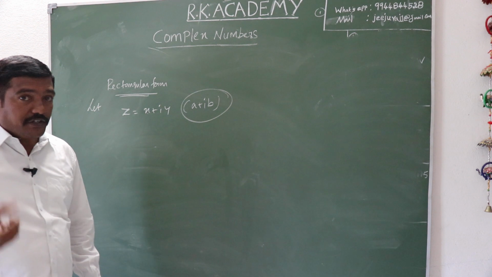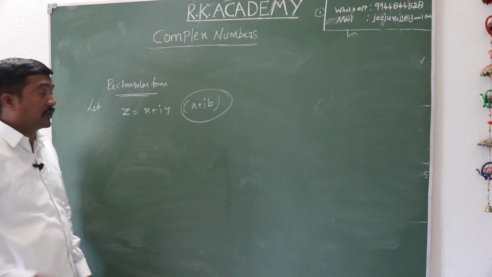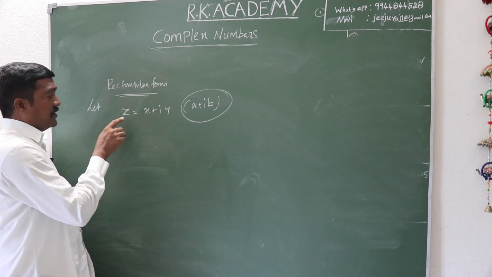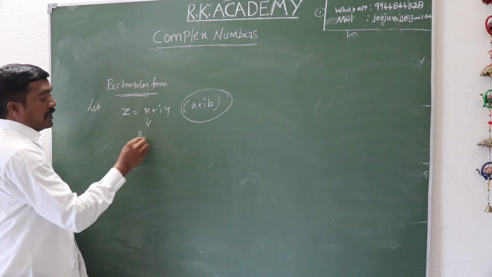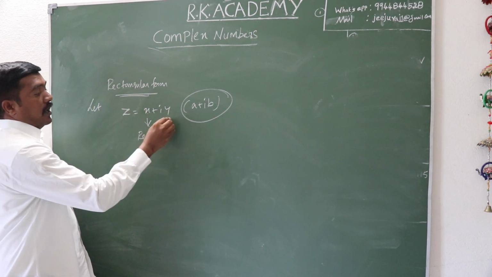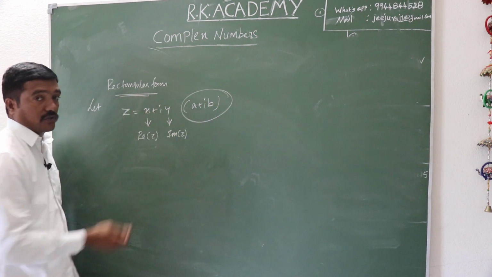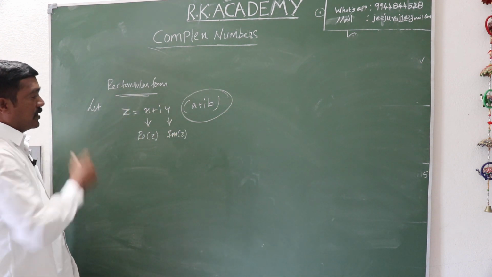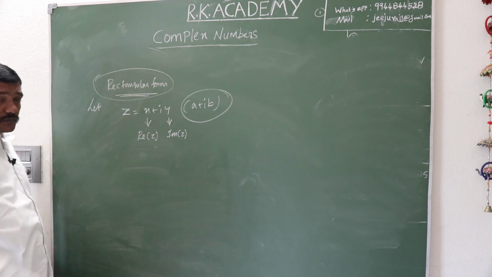So here we are writing z is equal to x plus iy. Here x is called the real part of z and y is called the imaginary part of z. Okay, that is the rectangular form.